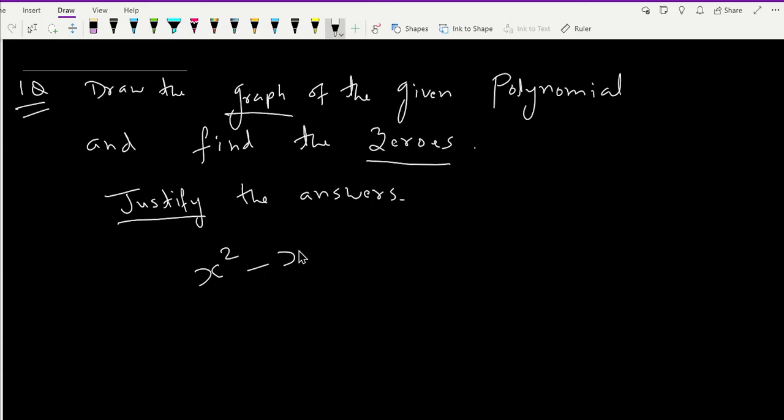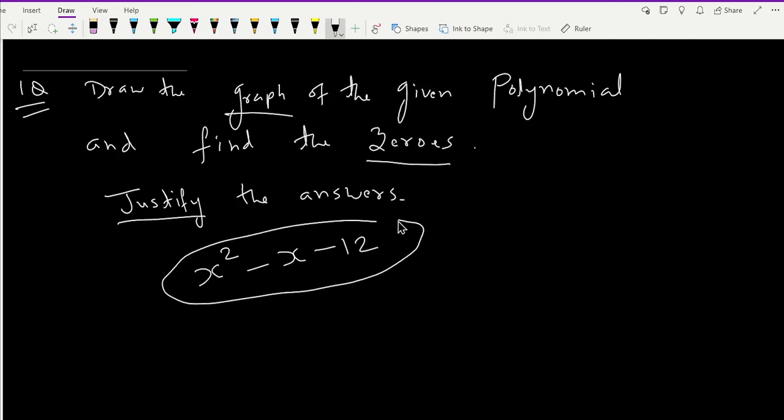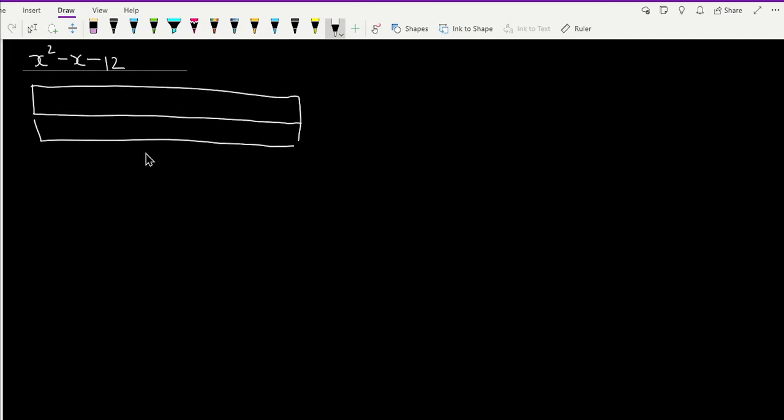x square minus x minus 12. So for this we have to draw the graph. You draw a table like this. In this we are taking x values and here we are taking y values.